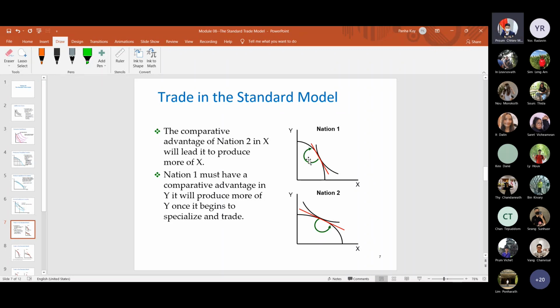This one, the indifference curve, represents the utility of the consumer. It is the measurement of the utility of consuming both goods, good X and good Y. While the production possibility frontier measures the cost of the production of these two products, good X and good Y. And this one is the budget that you have.